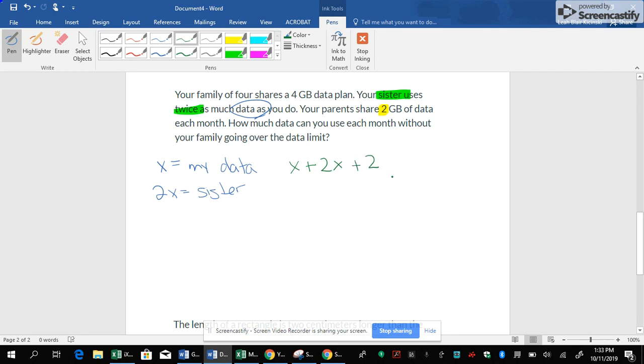So that's all of us together, me, my sister, and my parents. And I know I'm not allowed to go over 4. So this amount has to be less than or equal to 4. These are like terms, so those can be 3x's. And then we're going to solve the rest of that inequality. Subtract 2 and divide by 3.